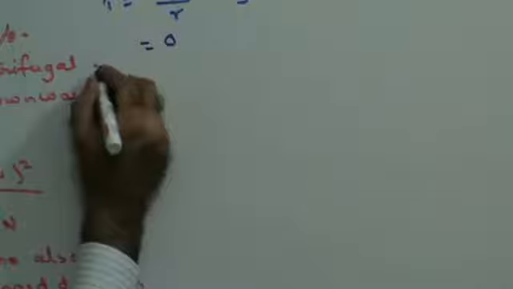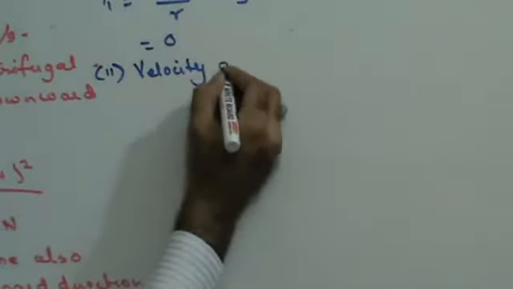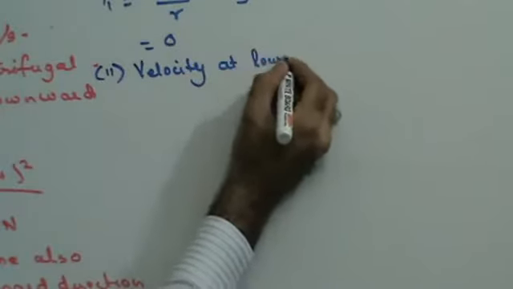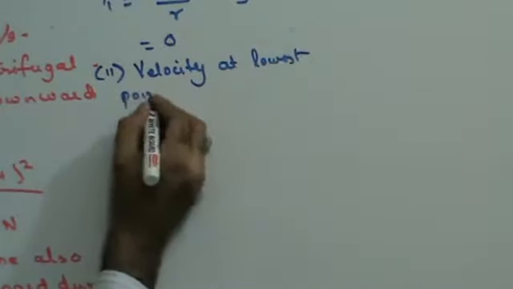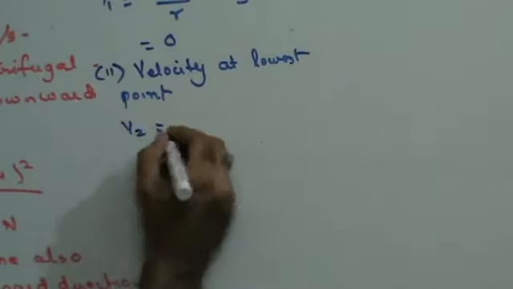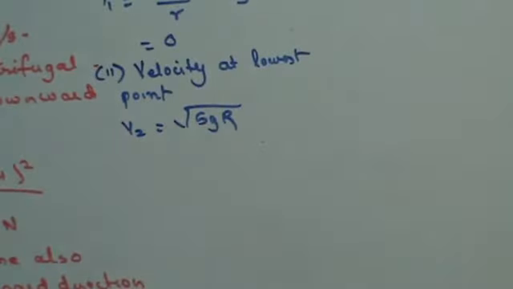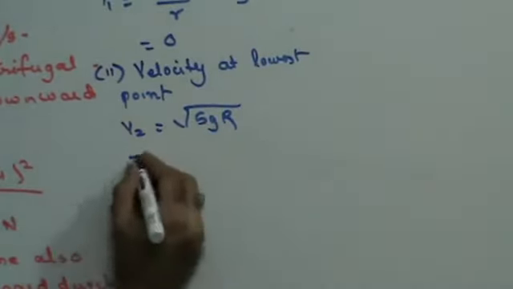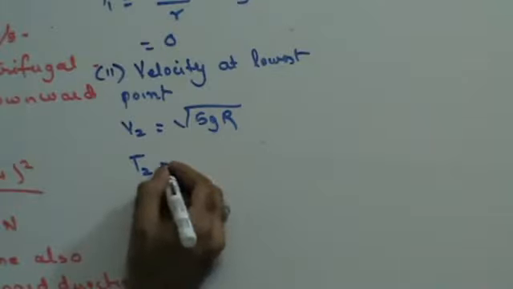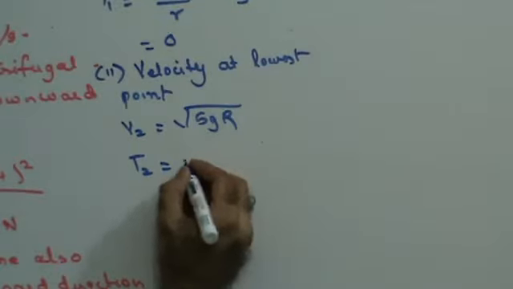Next, the second part of the question says the lowest point. Velocity at the lowest point, I can say v2 is square root of 5gr. Again we've done this derivation, guys. Similarly, the tension at the lowest point is going to be due to the centripetal force as well as the weight of the stone acting downwards.